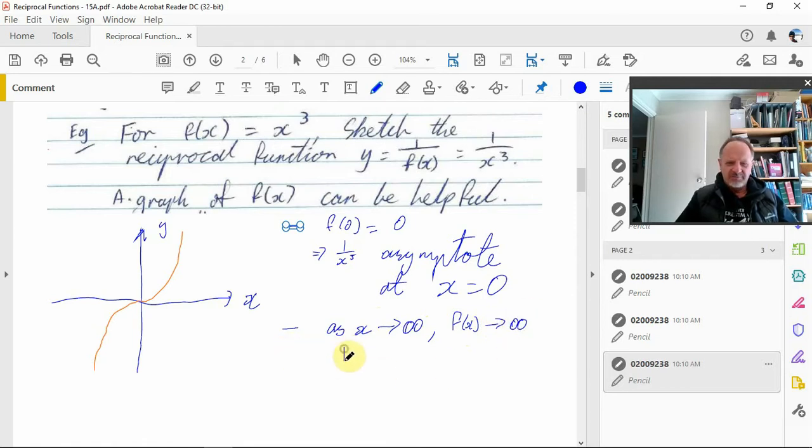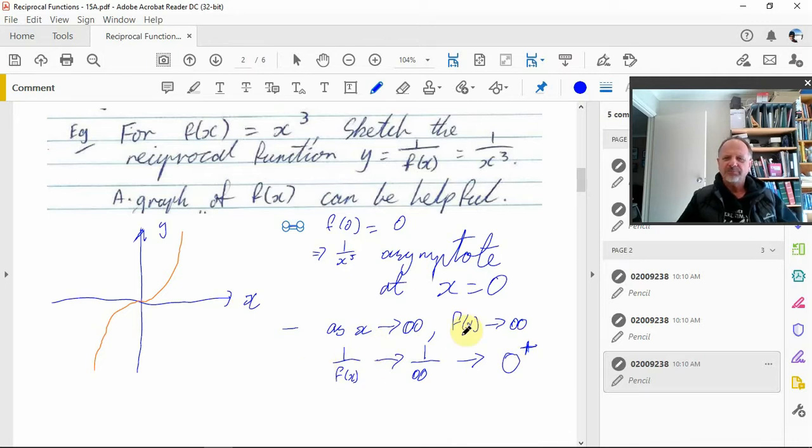So what does that mean for 1 on f(x)? Well, 1 on f(x) goes towards 1 on infinity, which is 1 on a big number, which goes towards 0. I'm going to put a little plus here because it goes towards 0 but it's a positive number, right? These are positive y's. So towards 0 from the positive side.